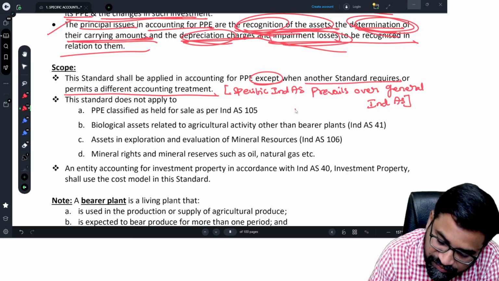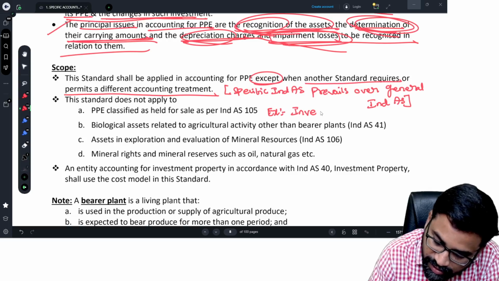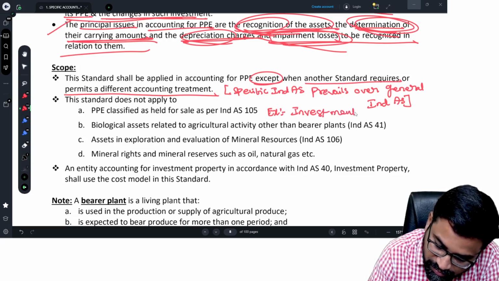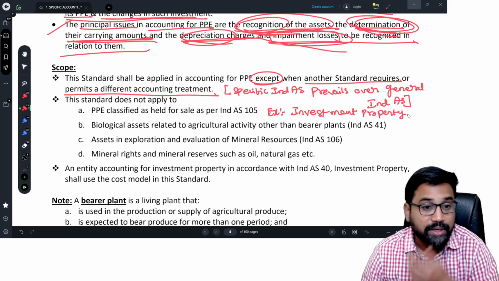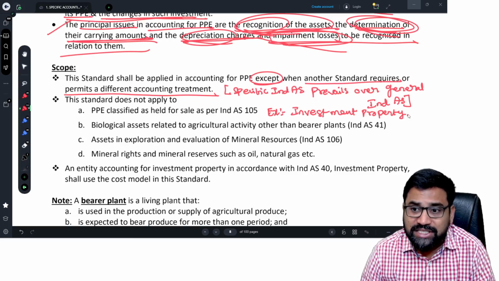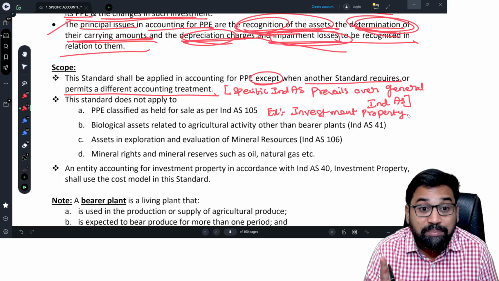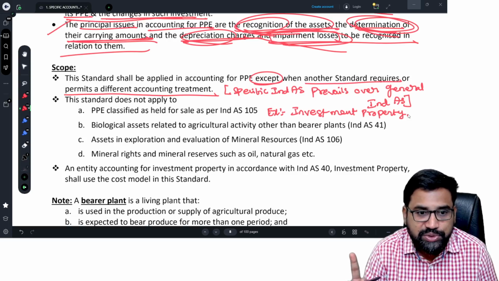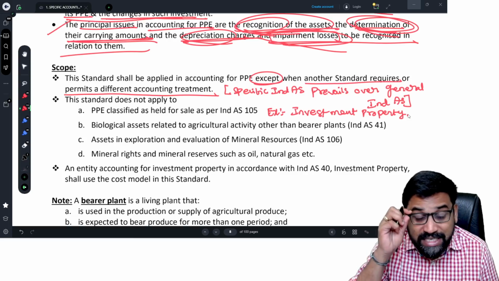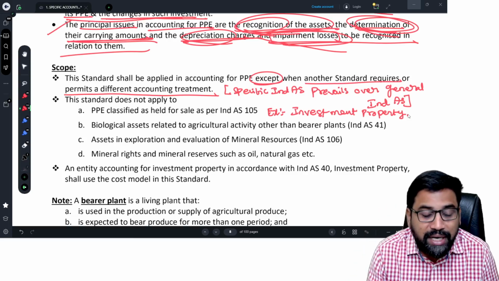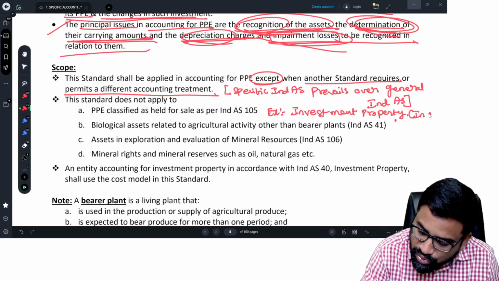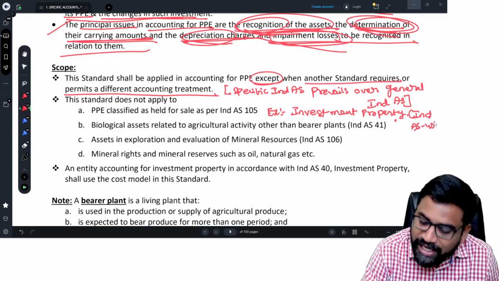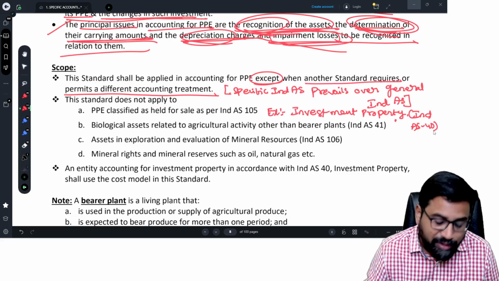The best example is investment property, which, as just explained, means land or building held for the purpose of rental income or capital appreciation, not for business use. Now that means it is satisfying the definition of PPE, but there is a separate standard for it, IND AS 40. So you follow IND AS 40. Don't follow IND AS 16, because always specific prevails over general.